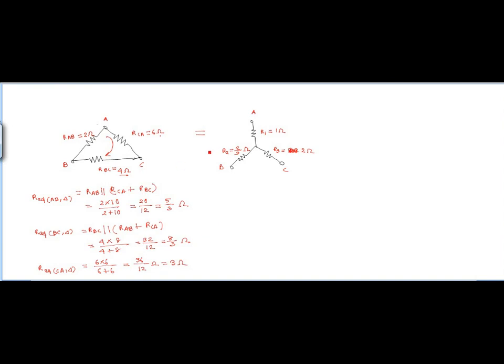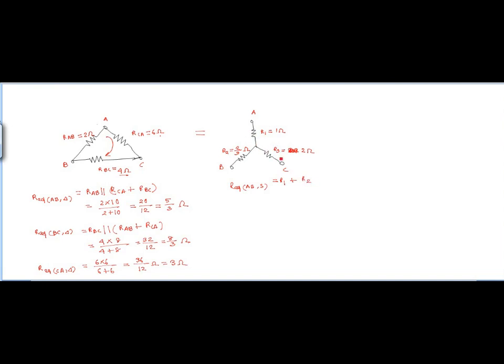Now we will also find the equivalent resistance between terminal A and B in star network. Now R equivalent between terminal A and B in star network. For star network, the equivalent resistance between terminal A and B is R1 plus R2.